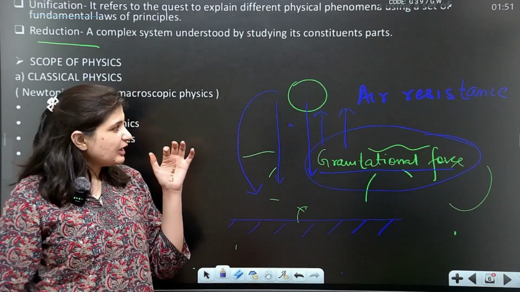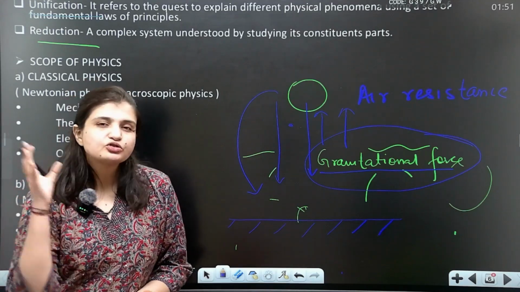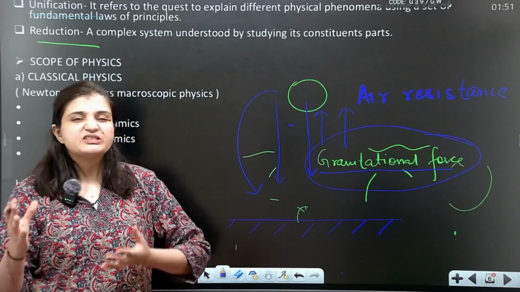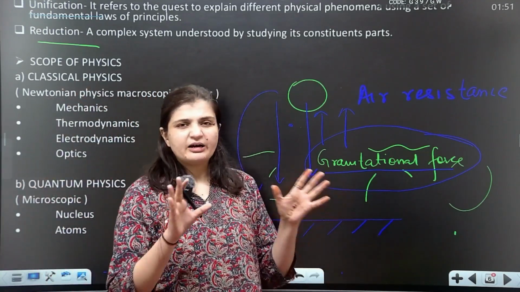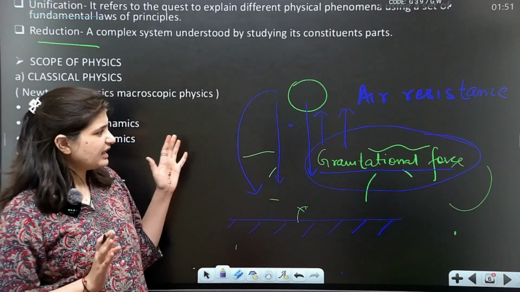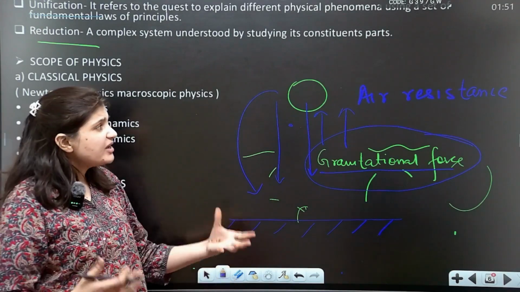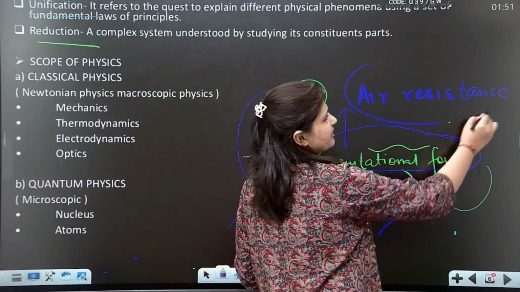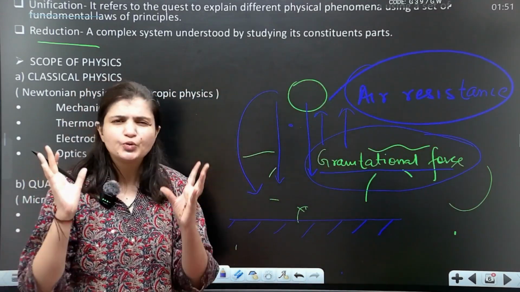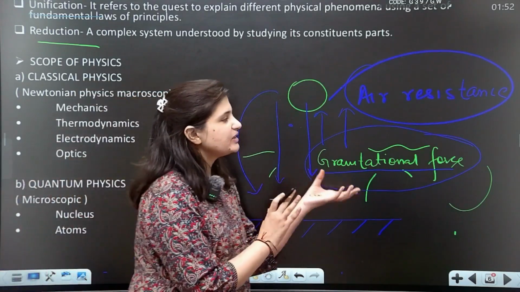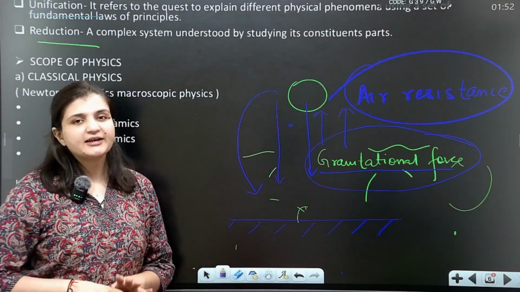So we have to simplify it. What we do in physics to solve various complex problems is simplify: we take an ideal case where we neglect the air resistance. Let's ignore the air resistance, so there is only the gravitational force, and then we simplify the various concepts related to it.